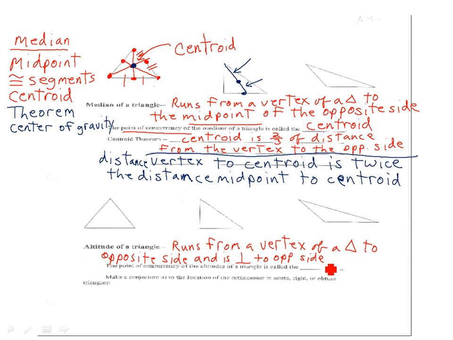So in other words, it's going to go from a vertex and it's going to go to the opposite side, which is this side over here, and we want it to form a right angle with it.